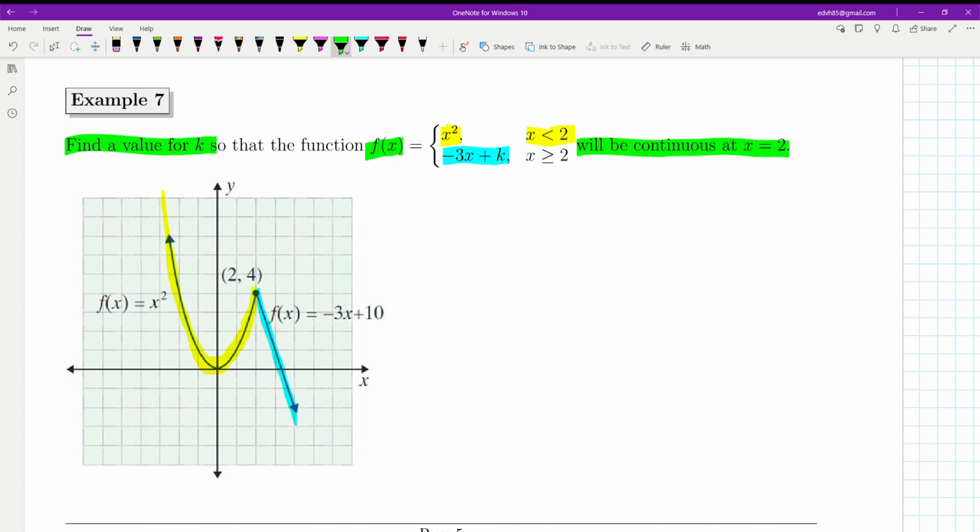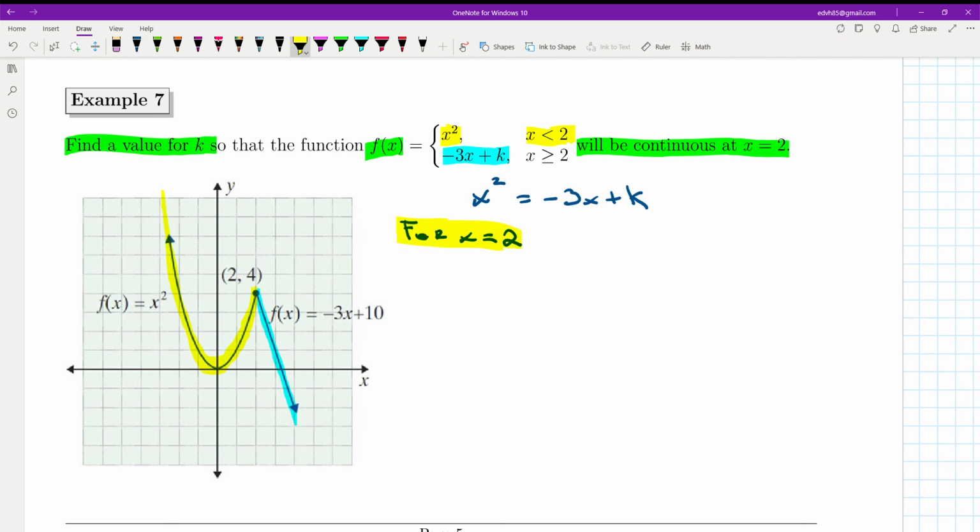Let's just do x squared equals negative 3x plus k, for x equals 2, because we want to force these two functions to intersect at x equals 2.